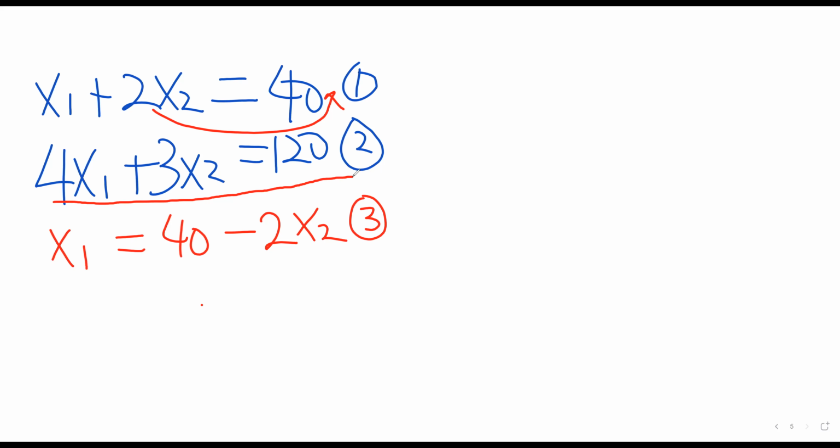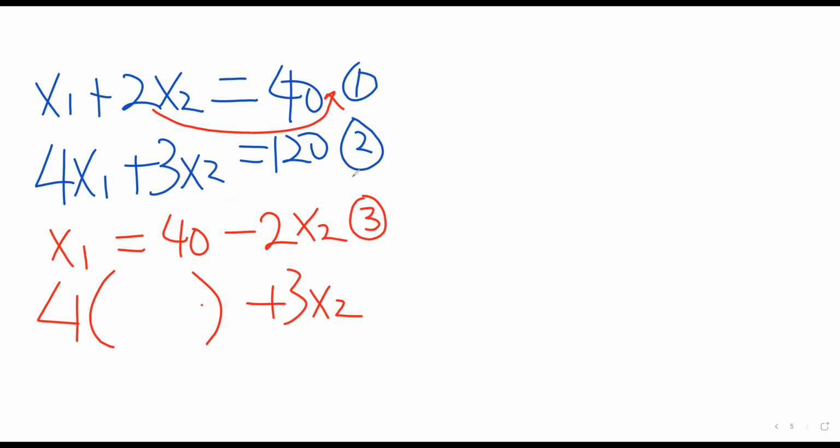So it is 4 into bracket the x1, and then plus 3x2 equal to 120. And what is supposed to be in the bracket? It is that function in equation 3, which is 40 minus 2x2. Now, this is a factorized equation, so you got to expand it.